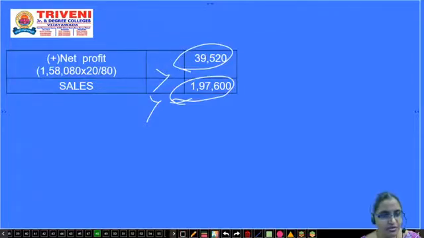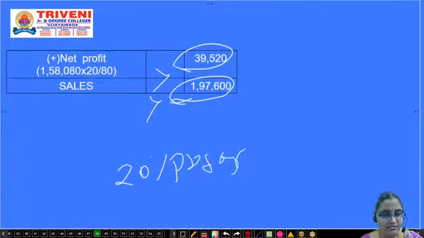In the earlier problems you saw that in every sum they have the sales. But in this sum, the sales amount was not given. So first you calculate the selling amount. They give one point related to the sales. That point was the last point they said: 20% profit on sales.